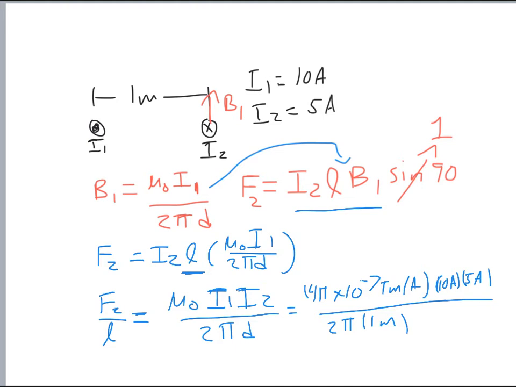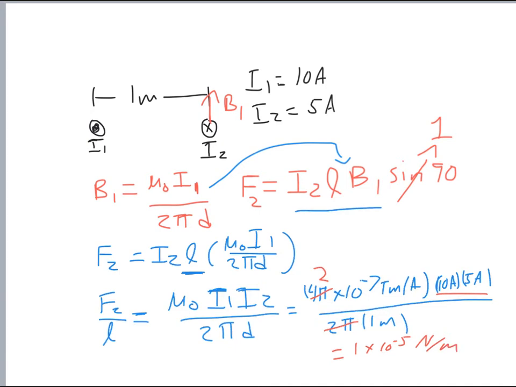And we can, of course, do a little bit of canceling. And, of course, that becomes 50 amps squared there, divided by amps. It all works out when you do the units, and you end up with the force per unit length is equal to 1 times 10 to the minus 5 newtons over meters.